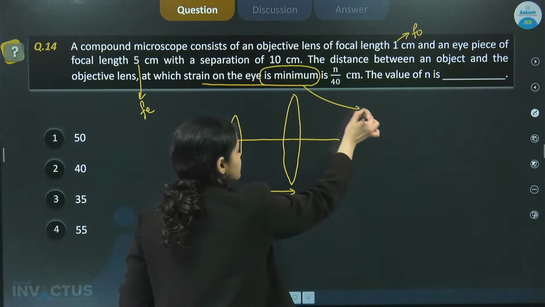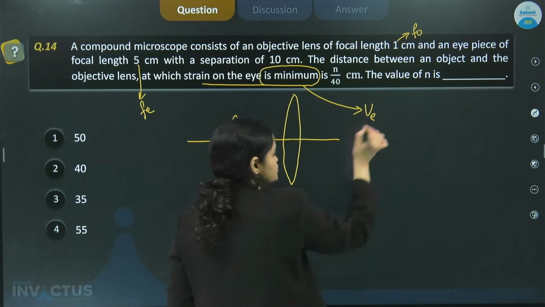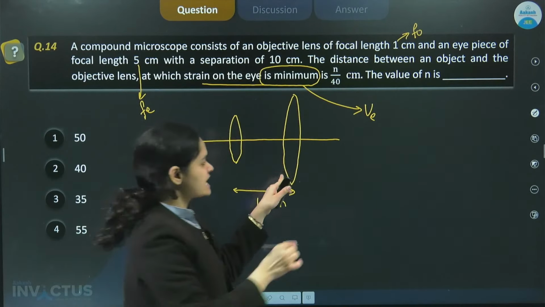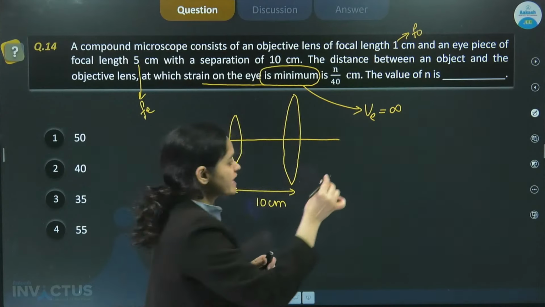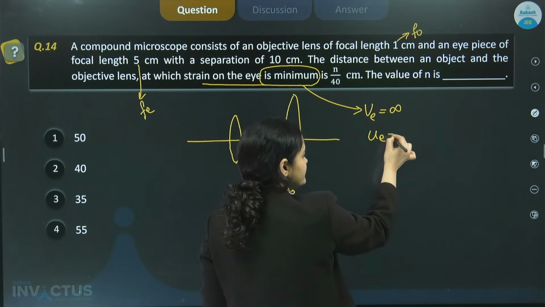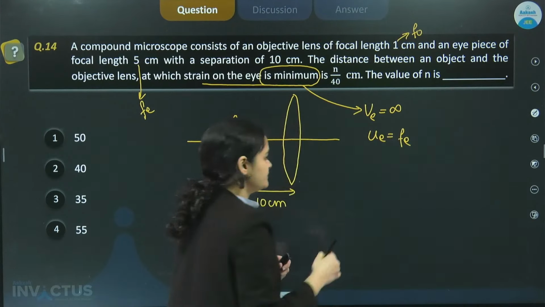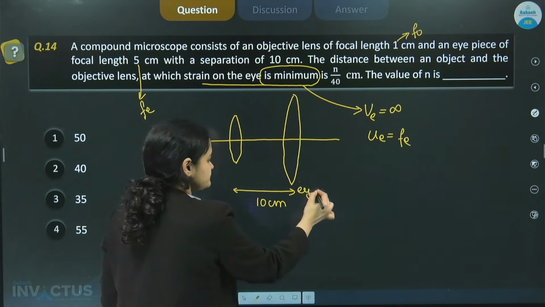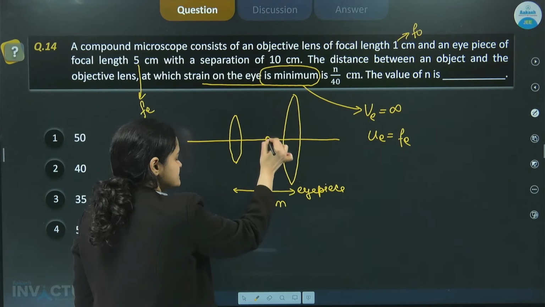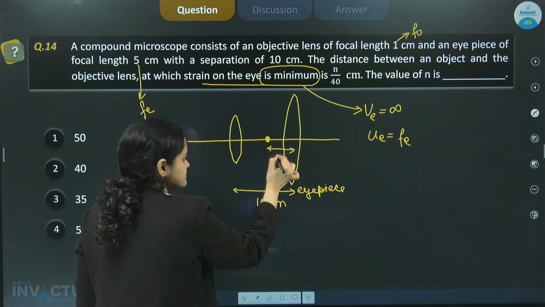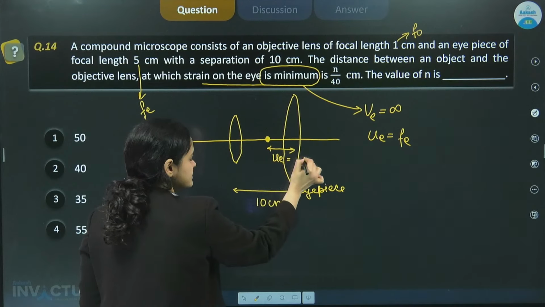So strain in the eye means जो final image बनेगी from the eyepiece, that is supposed to be at infinity. अगर image is at infinity, so that means object will be placed at focal length of the eyepiece. This is the eyepiece. Alright. तो अगर यहाँ पे रखा है, so suppose this is the focal length, तो यही UE and यही FE हो जाएगा.